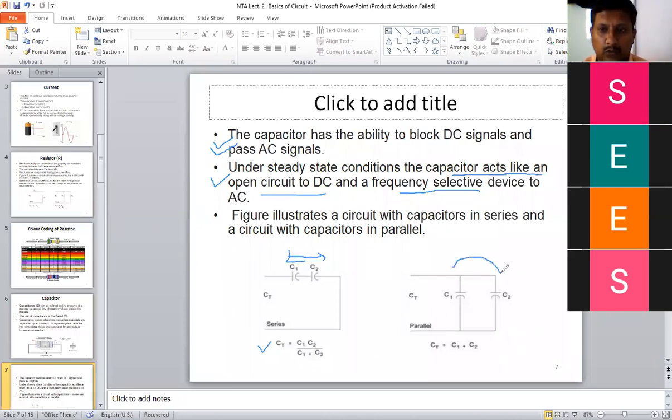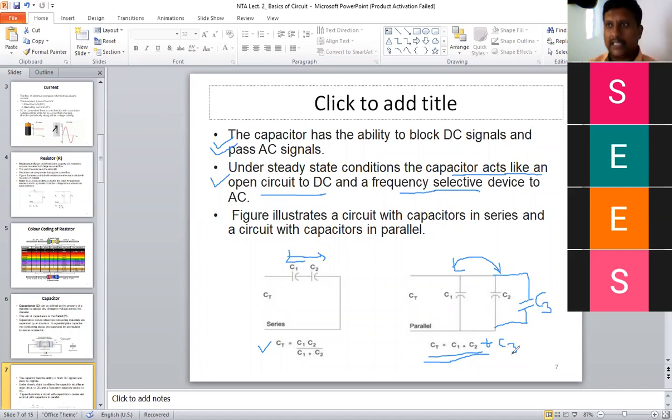Now, if the two capacitors C1 and C2 are connected in parallel, then you have to take the addition. That is, CT is equal to C1 plus C2. If one more capacitor is connected in parallel, that will be C3, then there will be one more addition, plus C3.